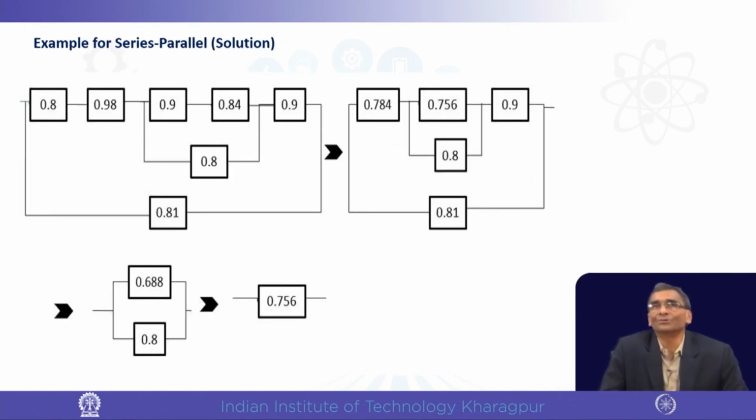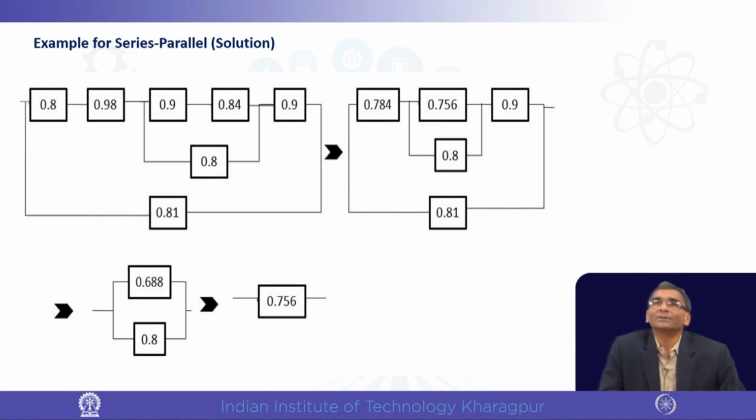You will find these values, step by step, and you can try it once the lecture is over. The final system reliability is 0.756, or in some way it is called 75.6%.